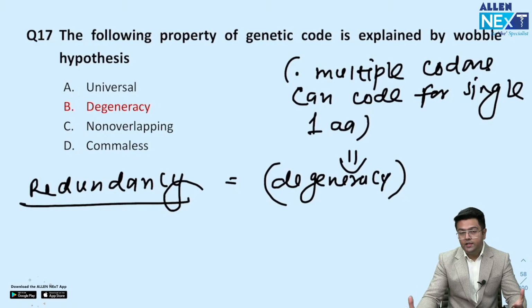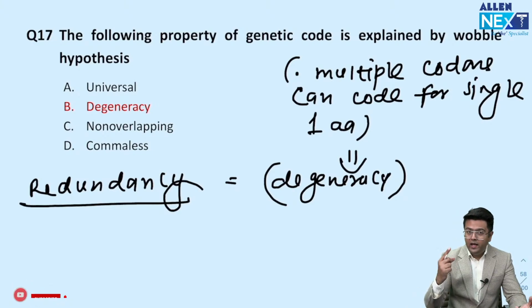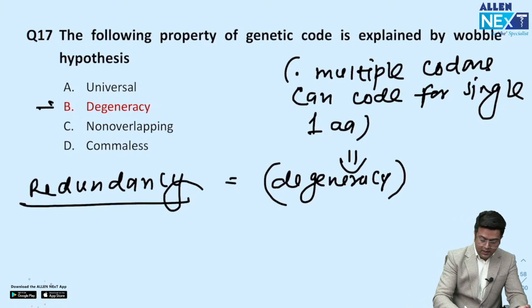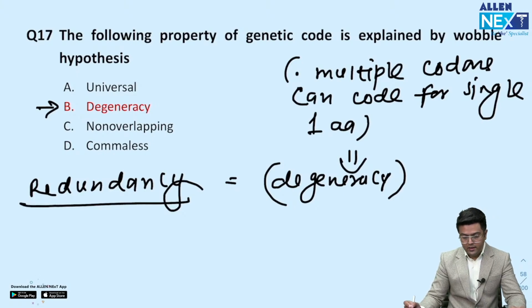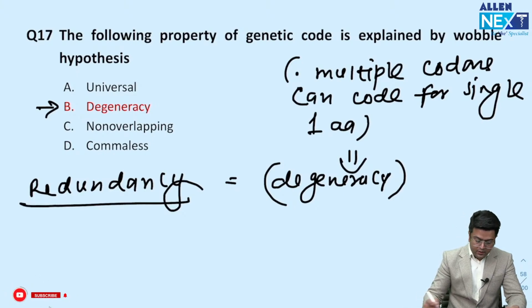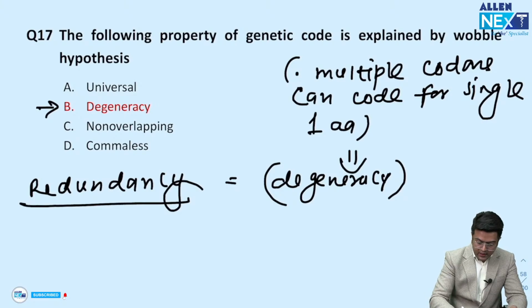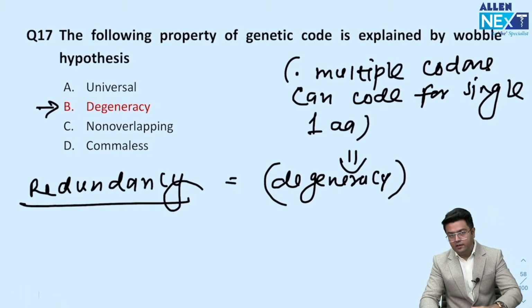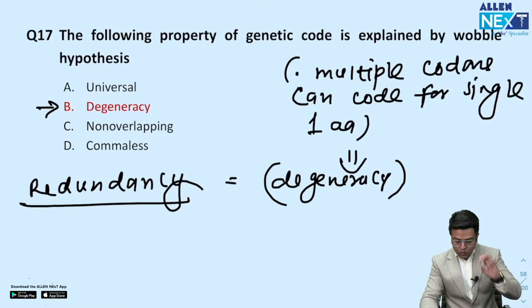So that is called degeneracy. Just to make, let's say, arginine, you have 6 codons, for example. So that is option B, guys, degeneracy. Fine. So universality and these are the other features of the genetic code, right?